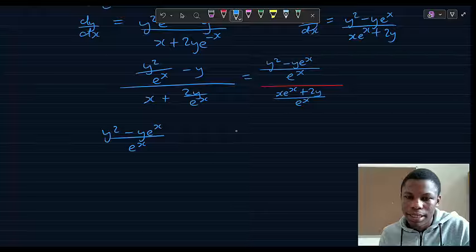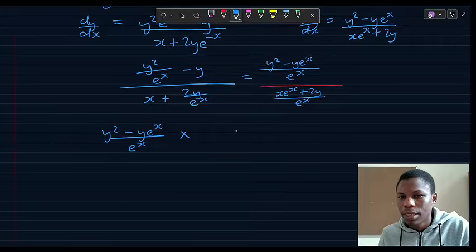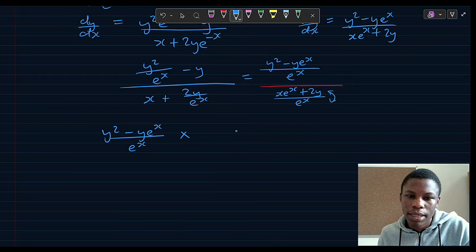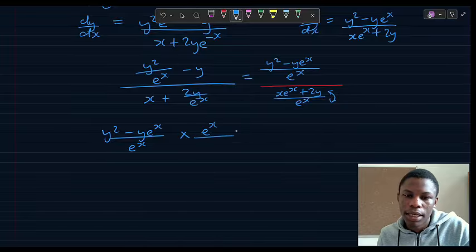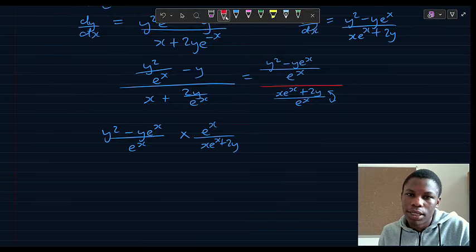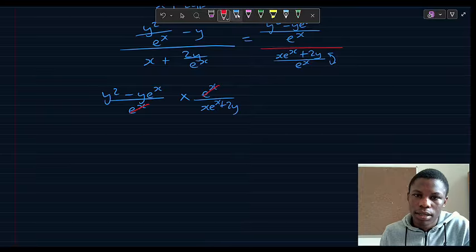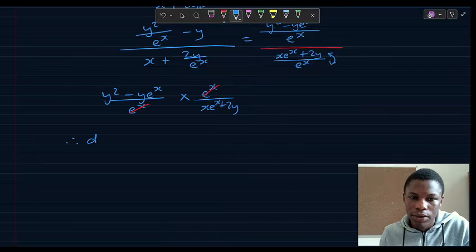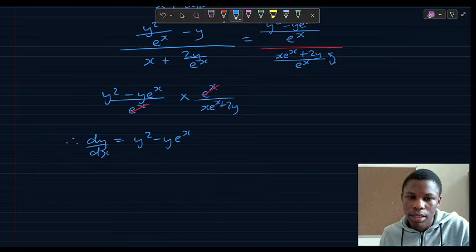And I can write this as times, if I change a division sign to a multiplication sign, I have to invert this. So times e to the x over x e to the x plus 2y. And so the e to the x's just cancel out, and we have our desired result. dy dx is equal to y squared minus y e to the x over x e to the x plus 2y.